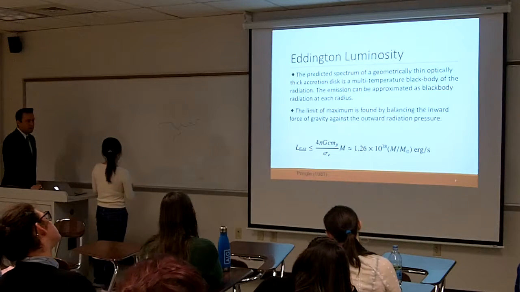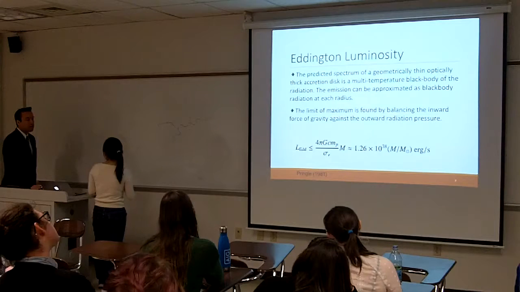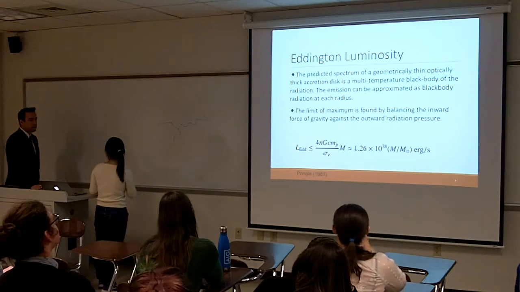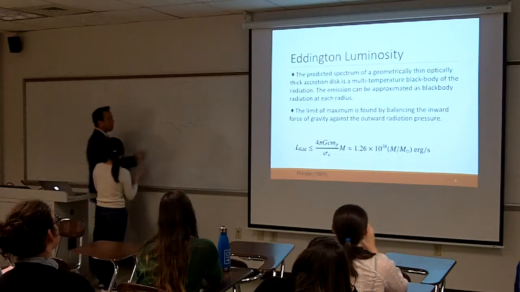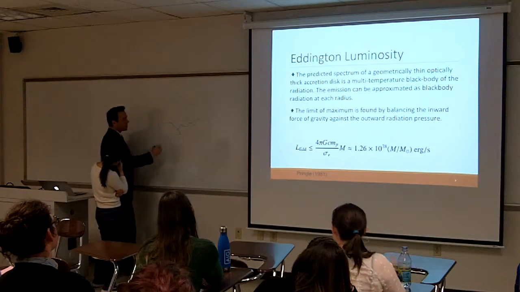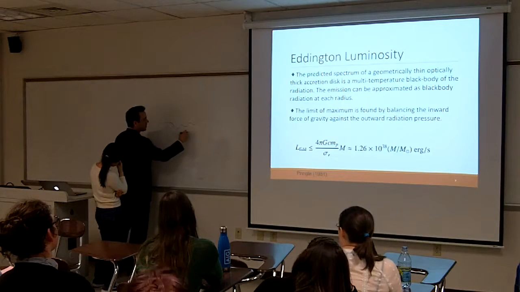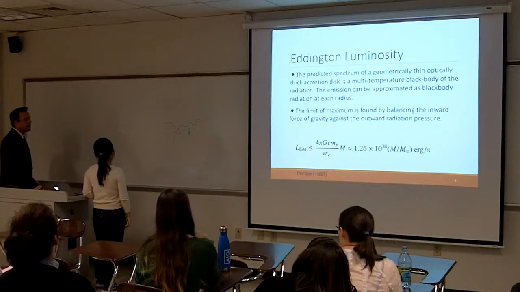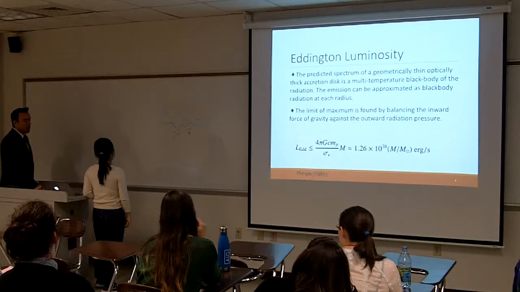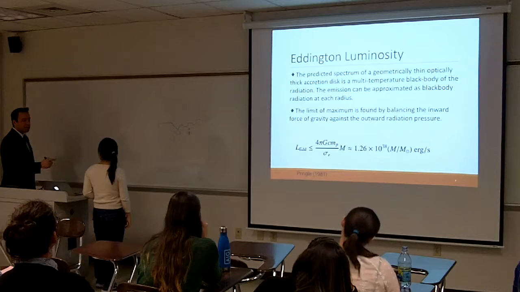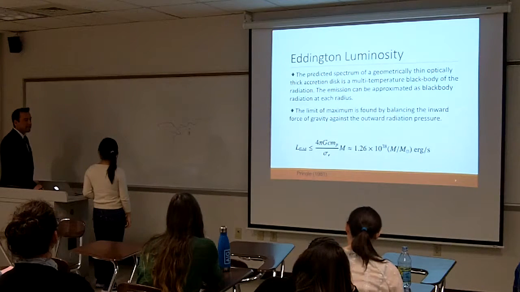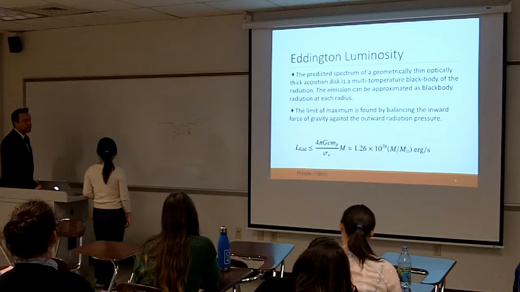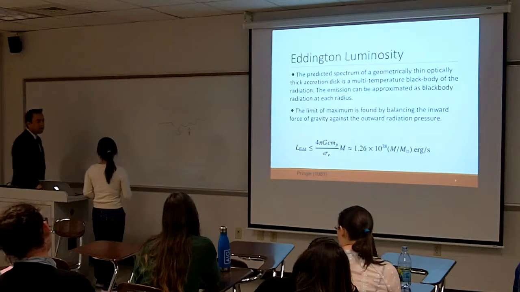Because the radiation pressure exceeds the gravity. Okay, so the pressure due to radiation exceeds the force of gravity, right? Mm-hmm. And if the luminosity exceeds Eddington, and therefore the radiation pressure exceeds gravity, what happens? Well, it loses matter, or it pushes matter.